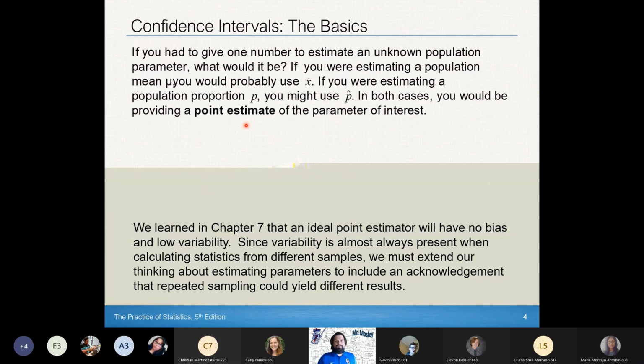So in this context, when we're dealing with confidence intervals, rather than calling x bar or p hat an unbiased estimator, we're calling it a point estimate. Still an estimate, we're just renaming it as a point estimate.